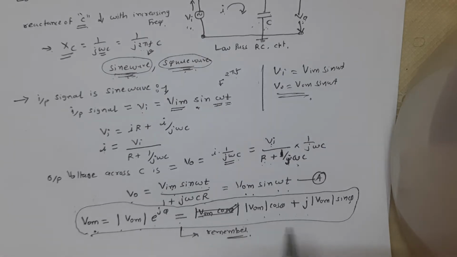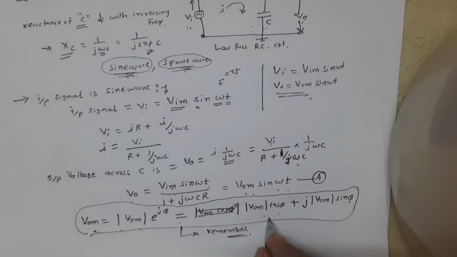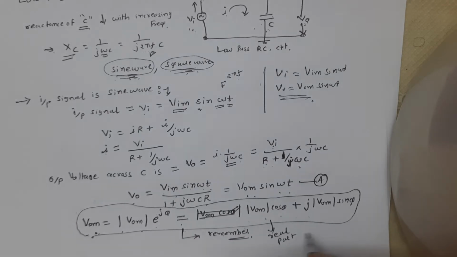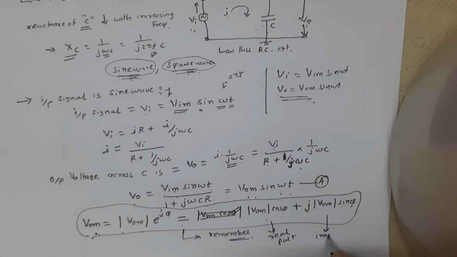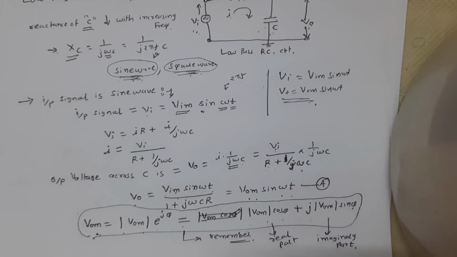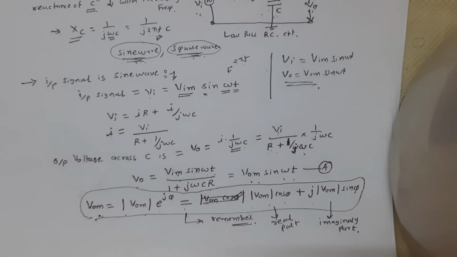So be careful, this you must remember. That means this is divided into two parts. This is your real part and this is your imaginary part. So the above equation we can convert into the form of real part and imaginary part, and we get the final equation.